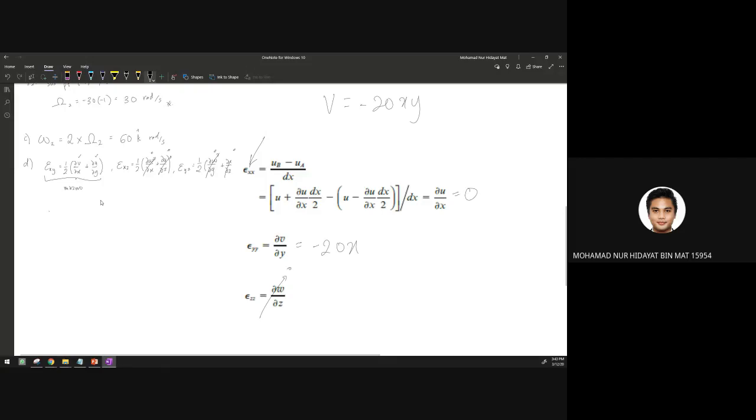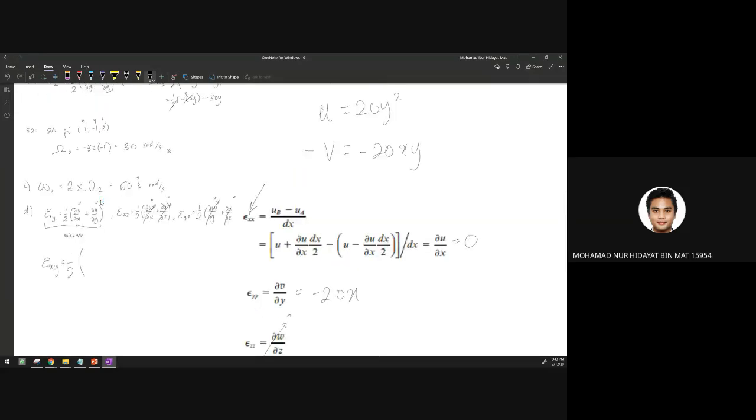So this one is equal to 1/2, partial derivative of v with respect to x. So you differentiate here with respect to x, you will get negative 20y. And you plus the derivative of u with respect to y. This is u with respect to y. So go to the other side, it becomes 40y.